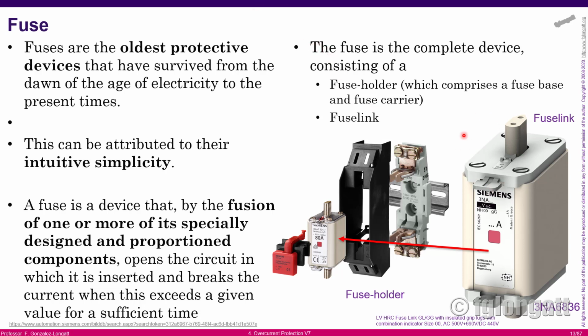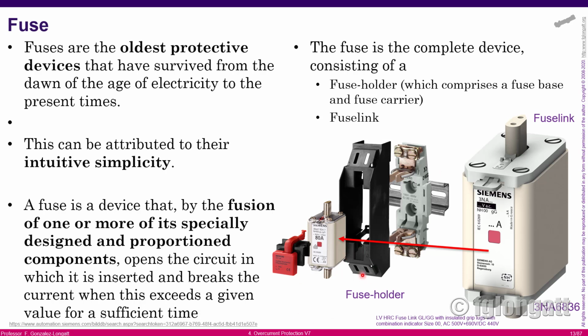If you look over here, this is what we call the fuse link. The fuse link must be installed together with what we call the fuse holder. Typically for low voltage and relatively high currents, we can have this kind of fuse holder.